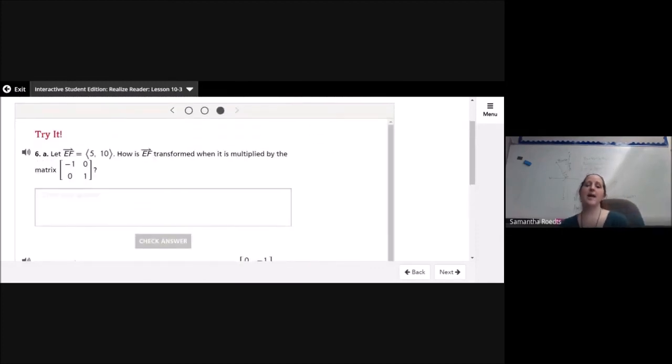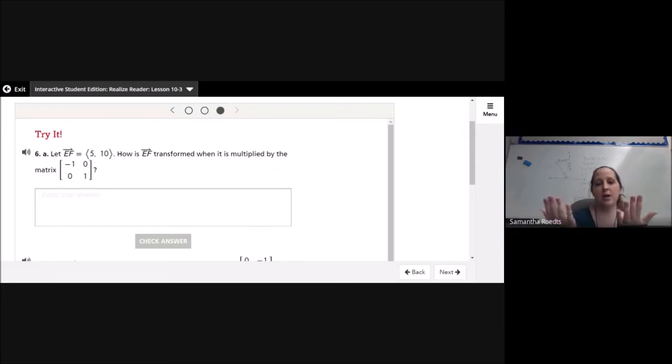All right, let's try it. Let vector EF equal 5, 10. How is vector EF transformed when it is multiplied by a matrix -1, 0, 0, 1? Okay, so when I'm doing this, I notice my y value is not changing, but my x value is becoming negative.